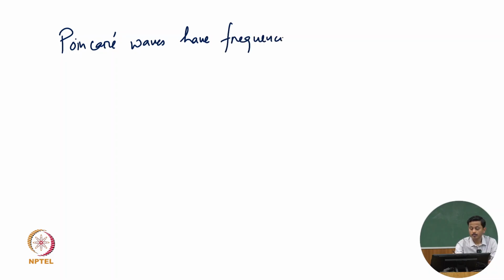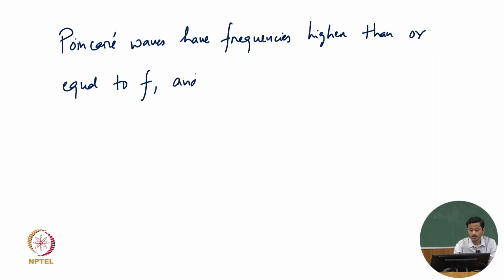Hence, we have seen that Poincare waves have frequencies higher than or equal to f, and hence they are always super inertial.